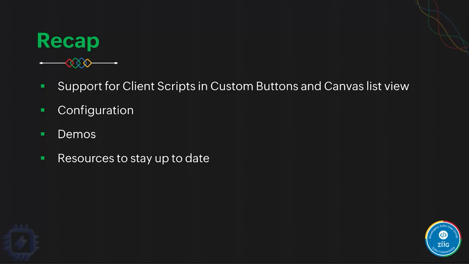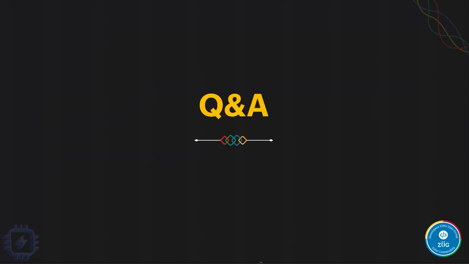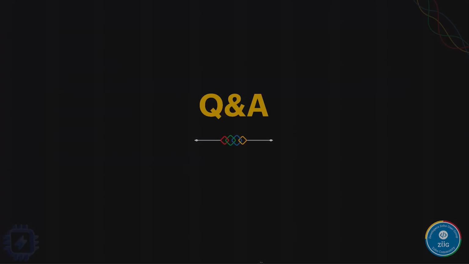We saw a number of use cases in which these can be used. I hope this gave you a few ideas in which you can implement client script in your own businesses. And we also saw resources that you can use to stay up to date with the latest updates that the CRM team is pumping out. So that's it for today's session from my side.